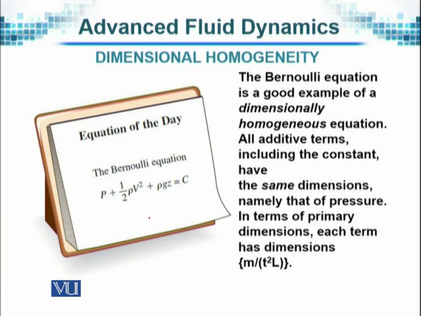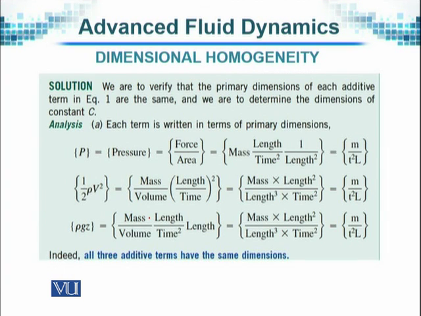So the Bernoulli's equation as written is P plus half rho V square plus rho Gz, and its dimensions can be calculated, which is not very difficult. Now let us see the first term, which is pressure.